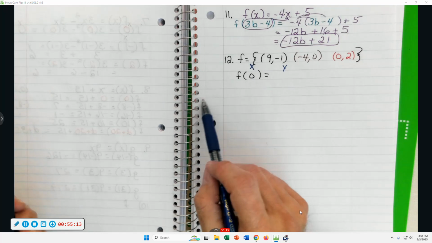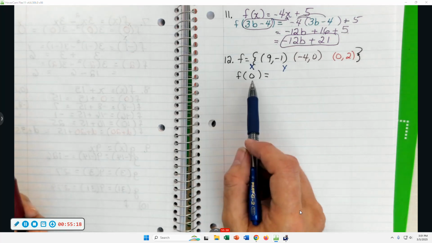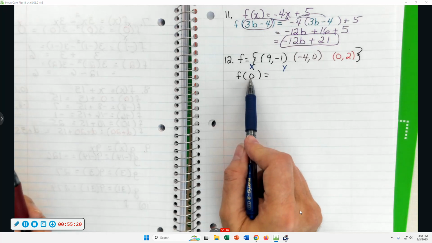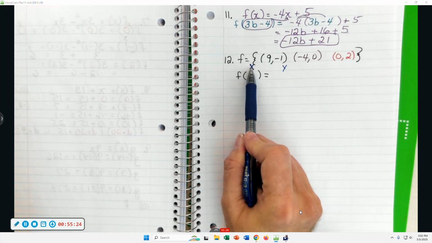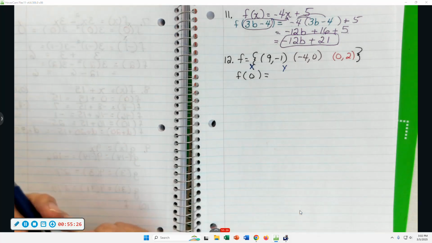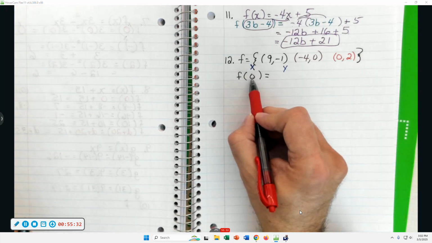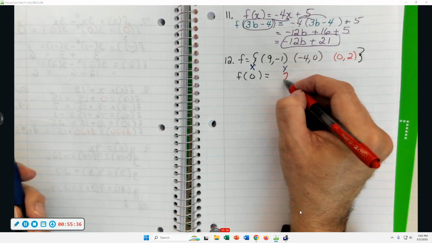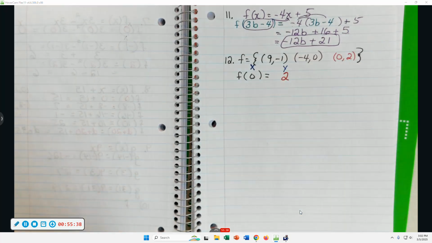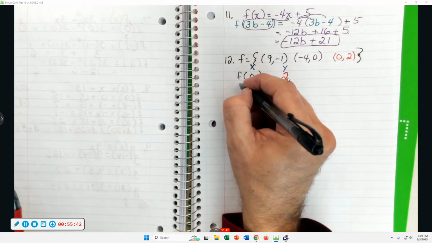Which one is this telling me to look at? The one that has 0 as an x. So which ordered pair am I looking at? 0, 2. So x is 0. What am I about to write for the answer? 2. When x is 0, the y is 2.